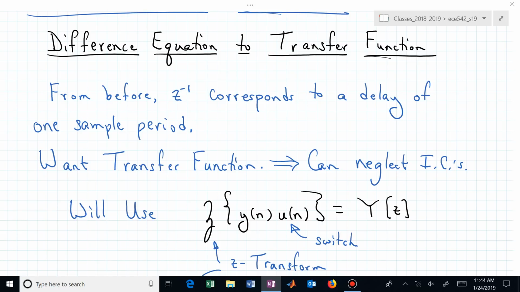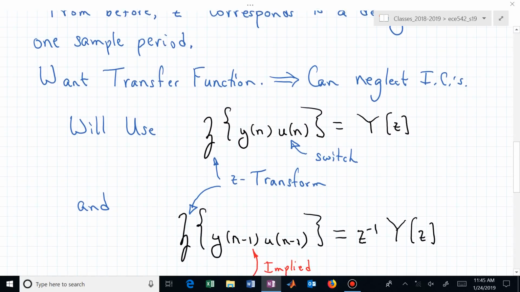Before, we found that this operator z to the minus 1 corresponds to a delay of 1 sample period. So the frequency domain operation of z to the minus 1 is consistent with a 1 sample period delay, or holding on to something for 1 sample period.